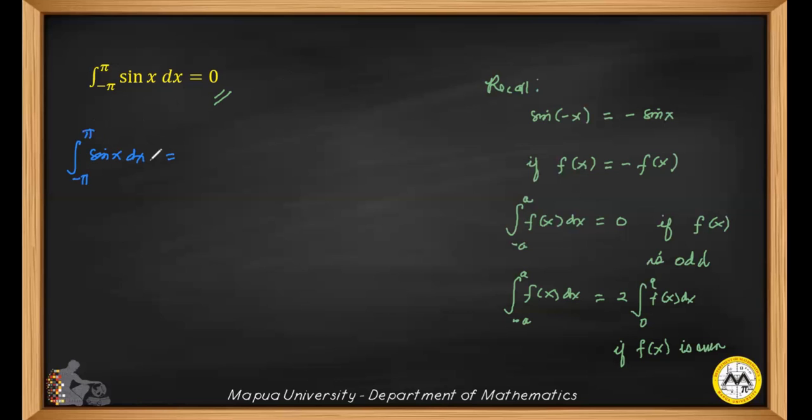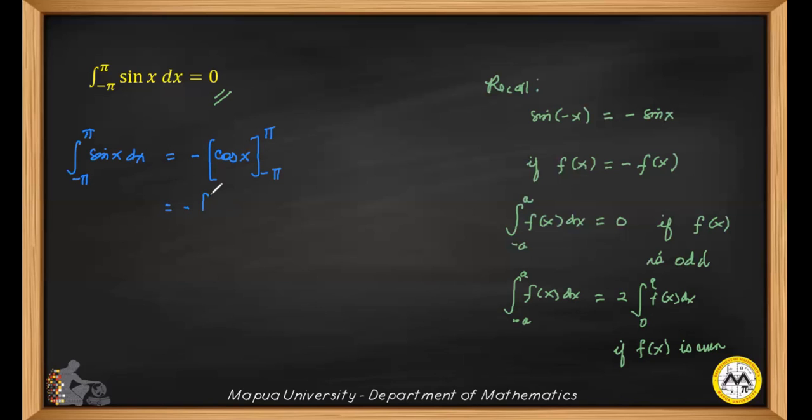Of course, the integral of sine of x dx is negative cosine of x, and this must be evaluated from the lower limit negative pi to the upper limit pi. Let us just bring out the negative sign for easy facilitation of the computation.